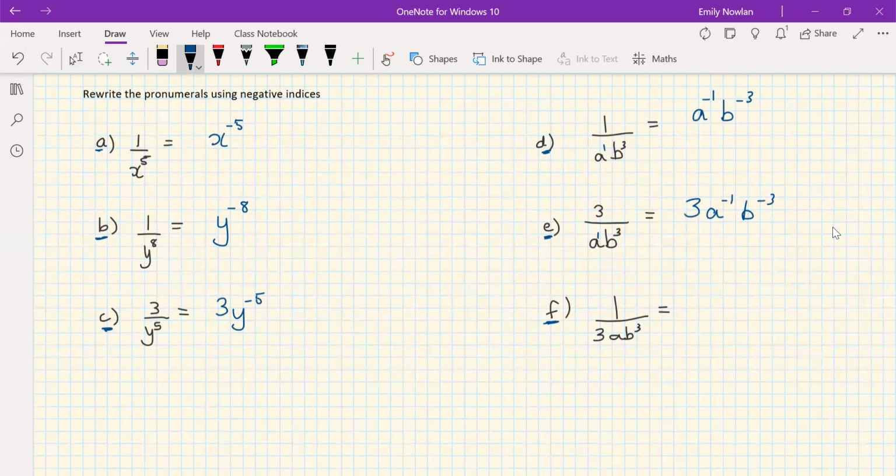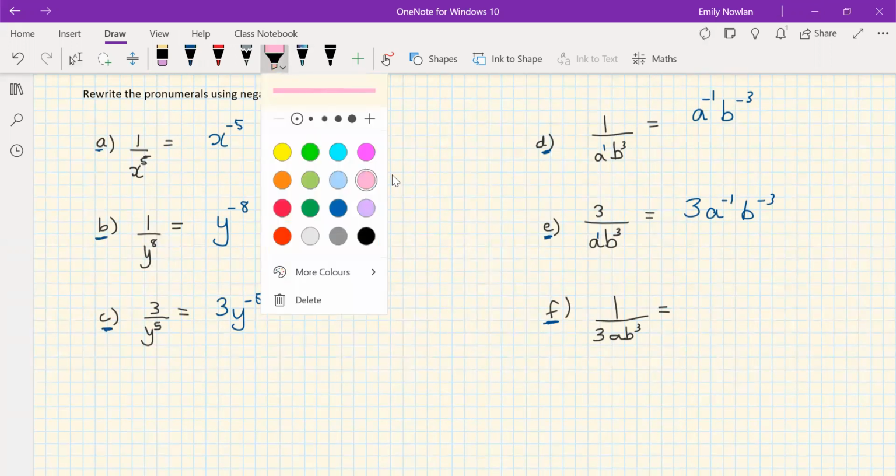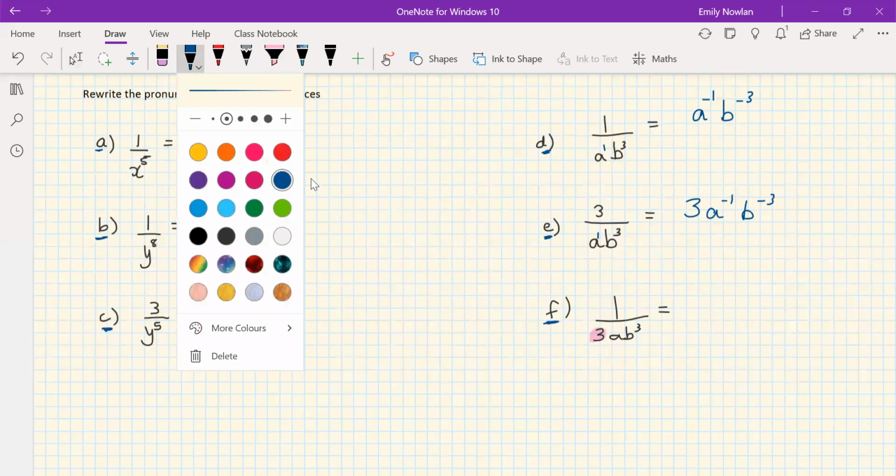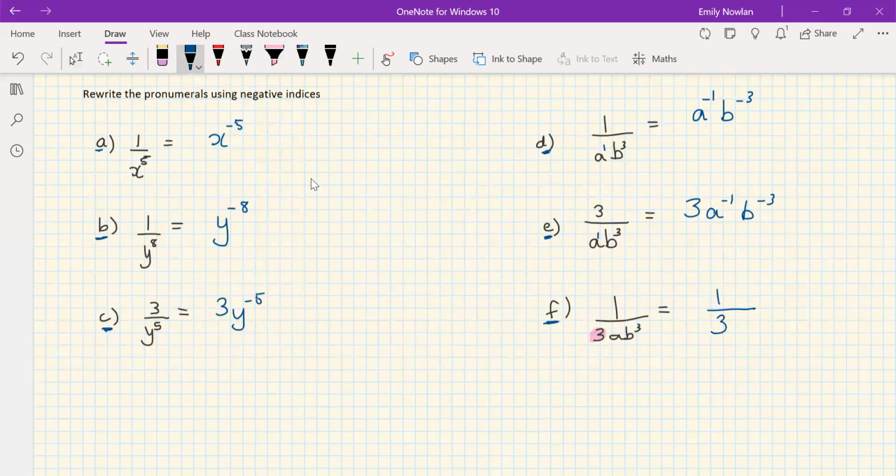On to F. Now everything is on the bottom this time. Before, the 3 was on the top and it stayed on the top. This time the 3 is on the bottom, so it has to stay on the bottom. So we need to go 1 over 3, and this A does have a power of 1.